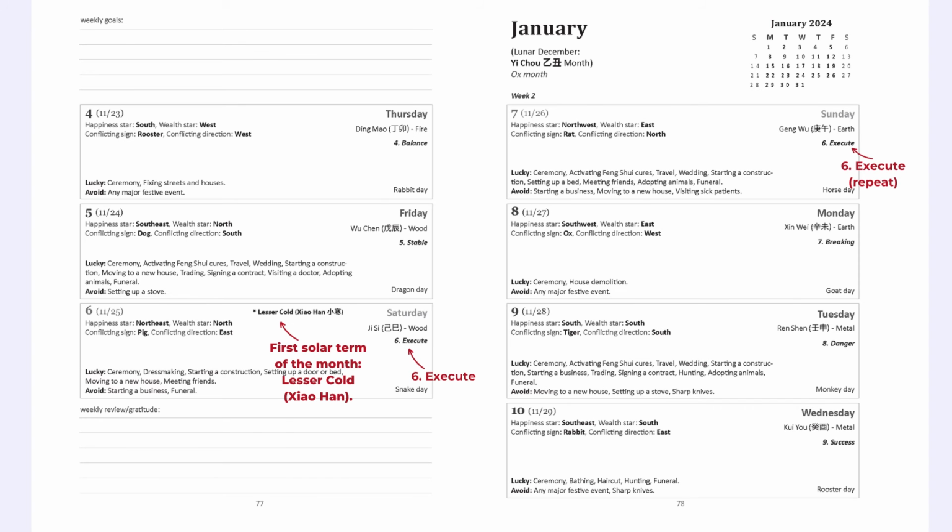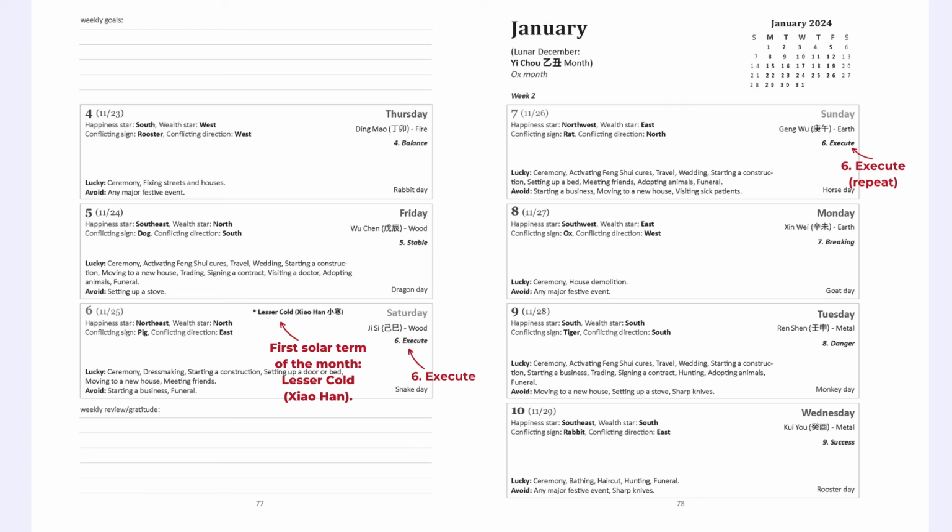And around the first solar turn of each month, there will be a repeat of the 12-day officer. So in January, that's January 6th and January 7th. Both are execute days. This might look like a mistake at first, but it's done this way on purpose.